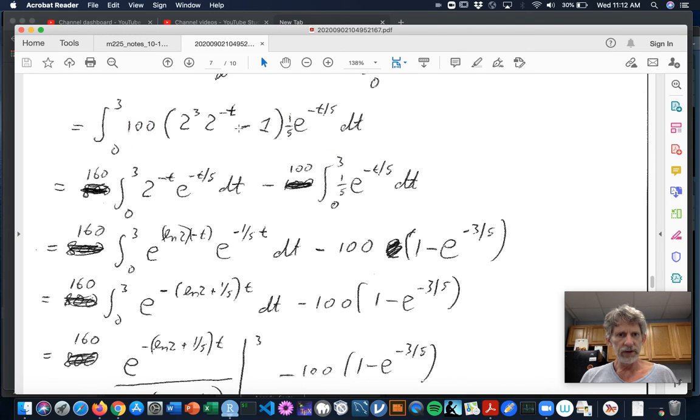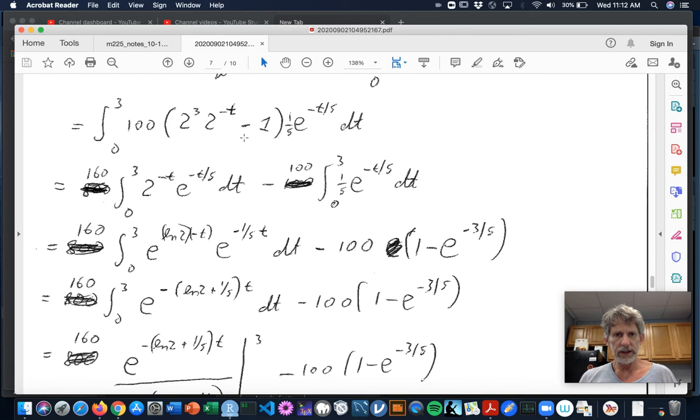And 1/5 of 100 would be a 20. This 2 cubed is an 8. And so 8 times 20 is a 160. That'll be on the outside of this integral here. And in the other piece, it's much simpler. There's a 100 and the 1 and this 1/5 stuff. So there'll be a 100 on the outside of that integral.